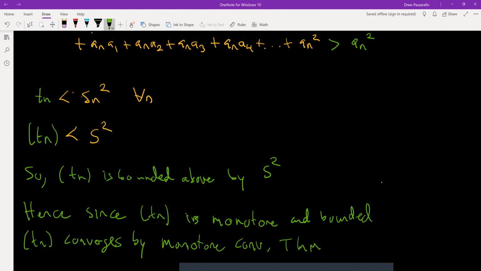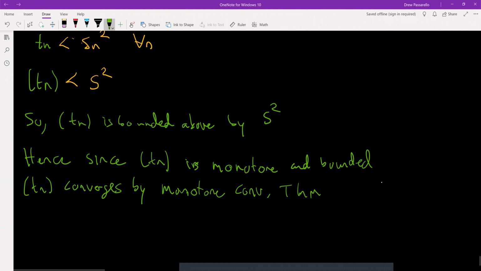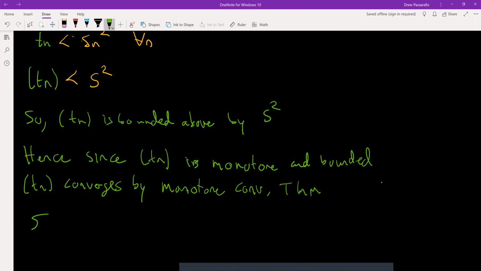So since the sequence of partial sums converges, that means, since our Tn consisted of the sequence of an squared, where you're taking the sum of those, then the series of an squared converges.